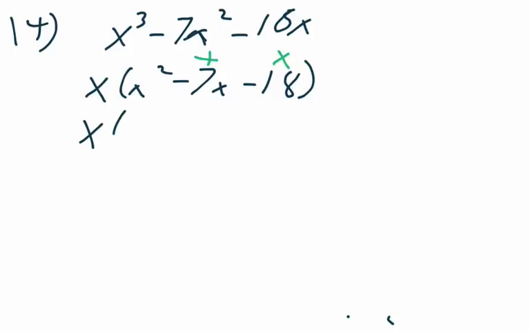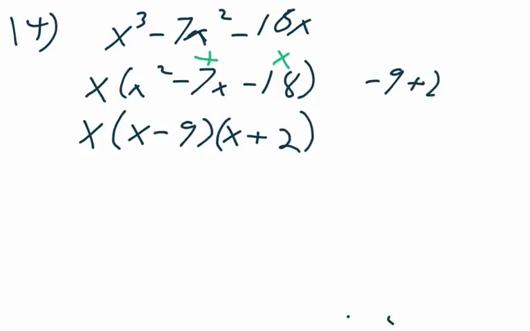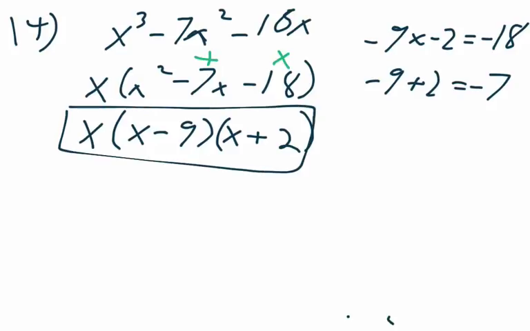The x stays on the outside. So we got negative 9 and positive 2, because negative 9 plus 2 is negative 7, and negative 9 times 2 is negative 18. So remember, when you're doing this on a multiple choice test, the order of the factors does not matter.